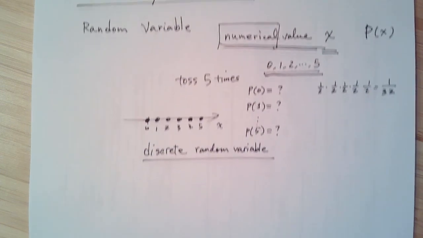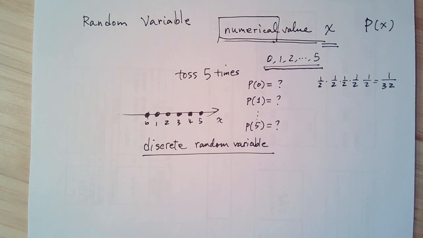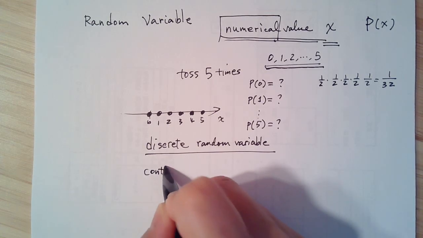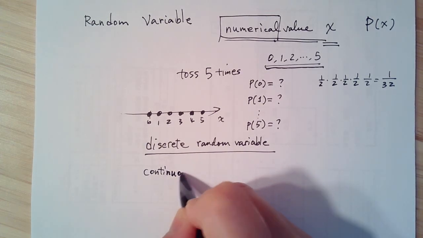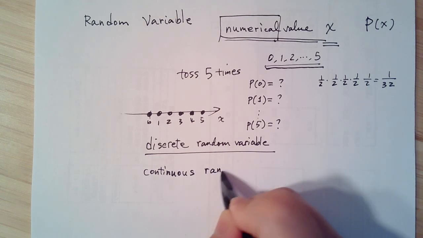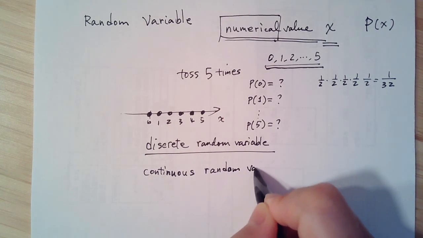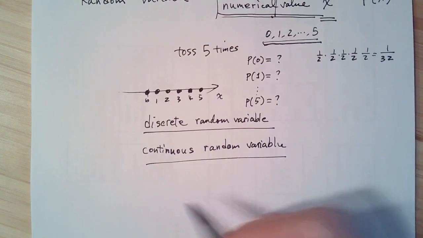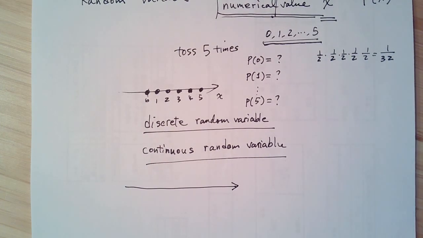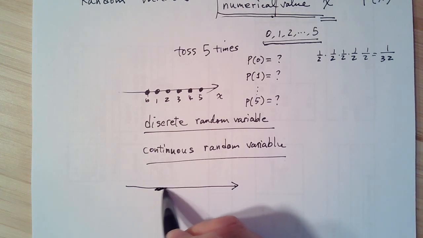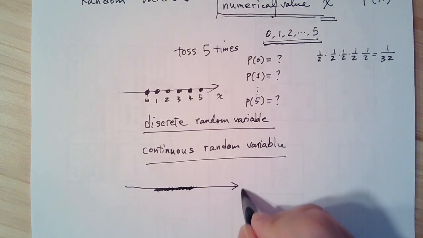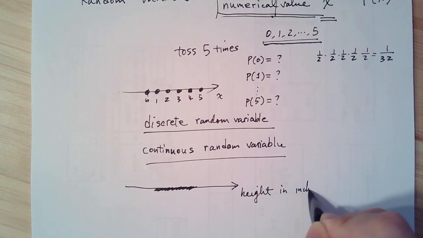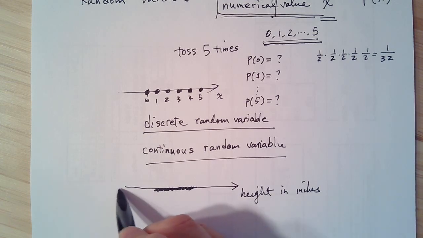All right. So what is the opposite of a discrete random variable? The other one is called a continuous random variable. These two are just like a pair. A continuous random variable means if you show me all the possible values on the number line, you get an interval. For example, height in inches.